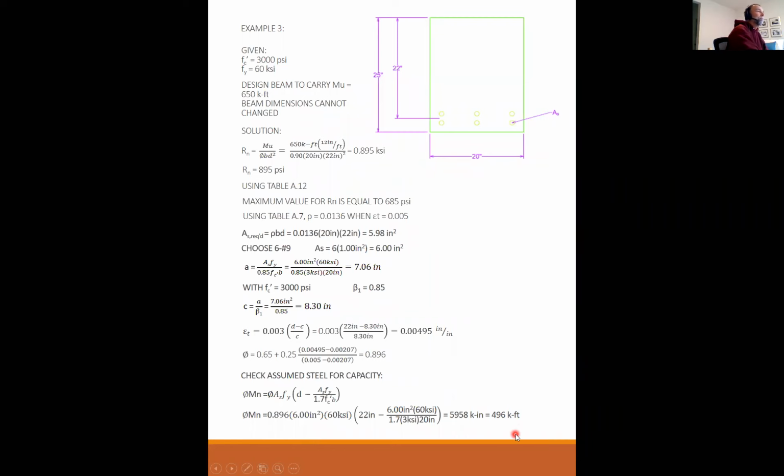That's my maximum. I've put in maximum steel. I'm right against my maximum steel ratio, and I only have less than 500 kip feet of capacity. I need 650. So 496 less than 650, design is unacceptable.